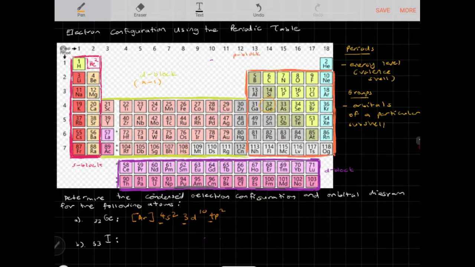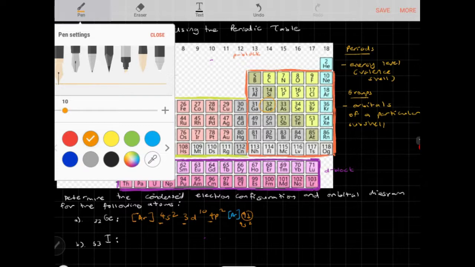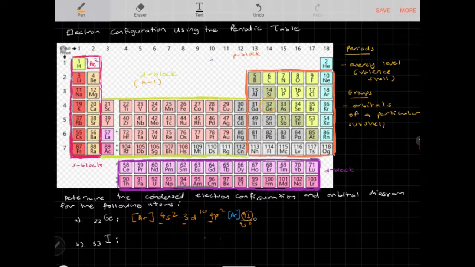And then if I was going to do this in orbital diagram, well, this is the 4s2 portion, right? So I'm going to write down argon first. Just write down argon here. Okay, so you write down argon, and then this is the 4s2, and then for the D subshell, there should be 5 d orbitals, so we have 3d10, so everything should be spin paired, so always half filled before spin pairing according to Hund's rule.